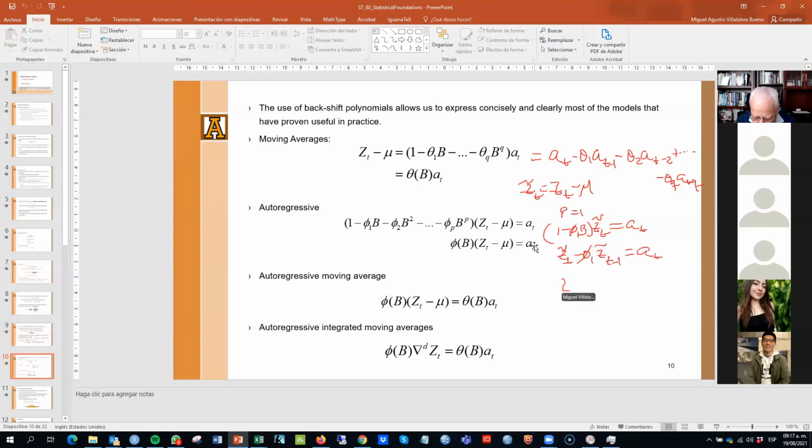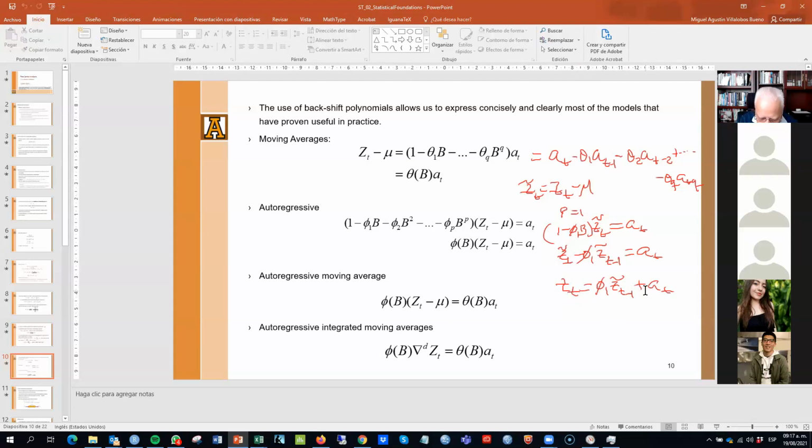And I can write this as Z_t equal to phi 1 Z_(t-1) plus a_t. And this looks like what? This looks like a simple linear regression model, right? I'm regressing Z_t on itself. That's why it's called autoregressive, because it's essentially the equation of a linear regression model.